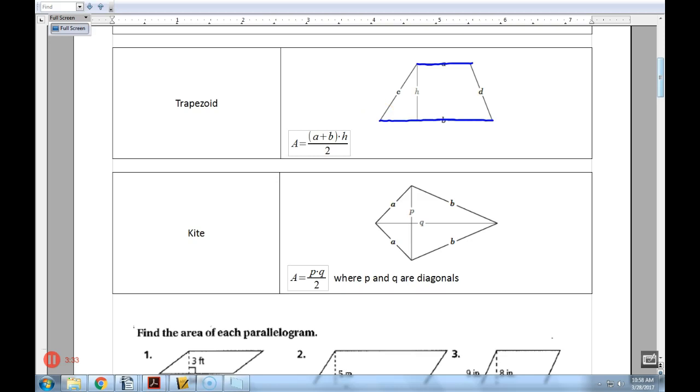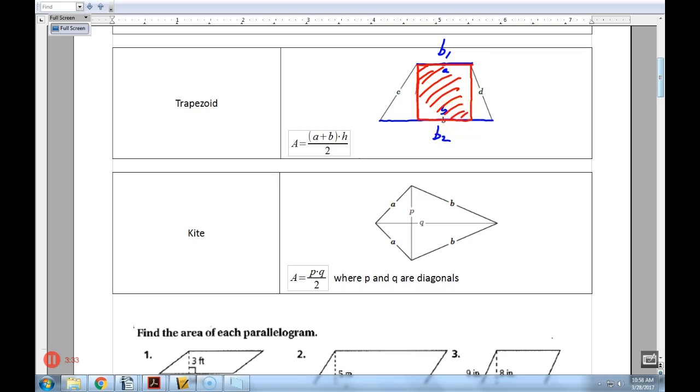This particular diagram is calling them A and B. I've seen some books call them base 1 and base 2. But the problem is, if I use the top base and multiply it times the height, I'm only finding the area of this little rectangle right here. So that's too little.